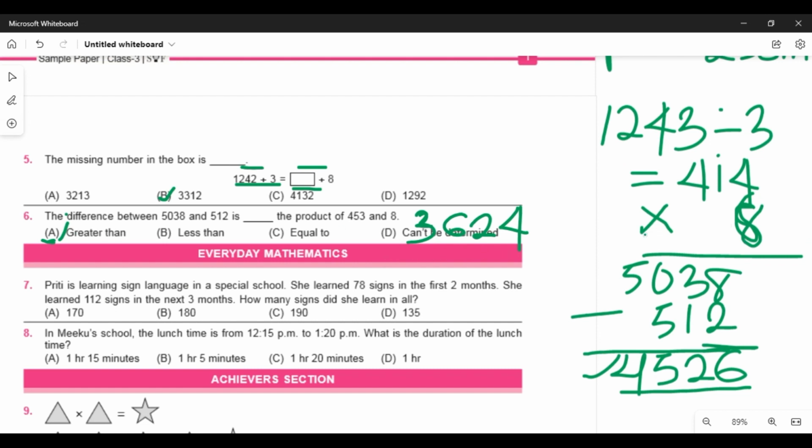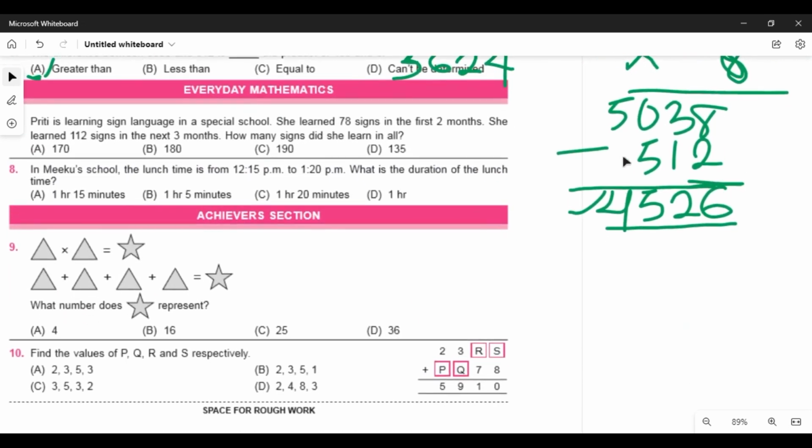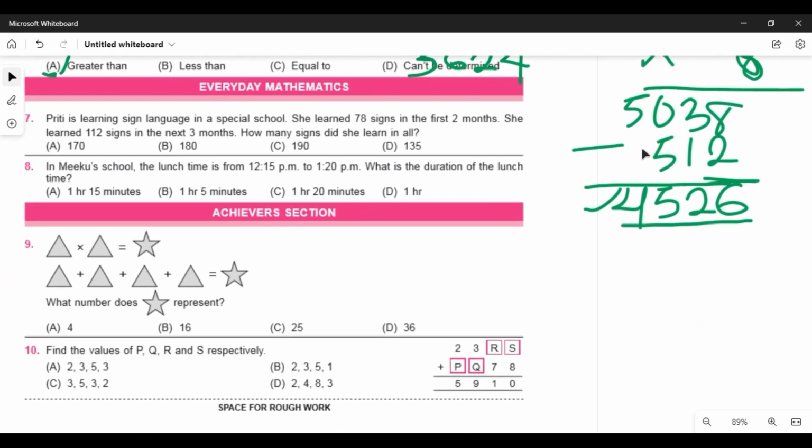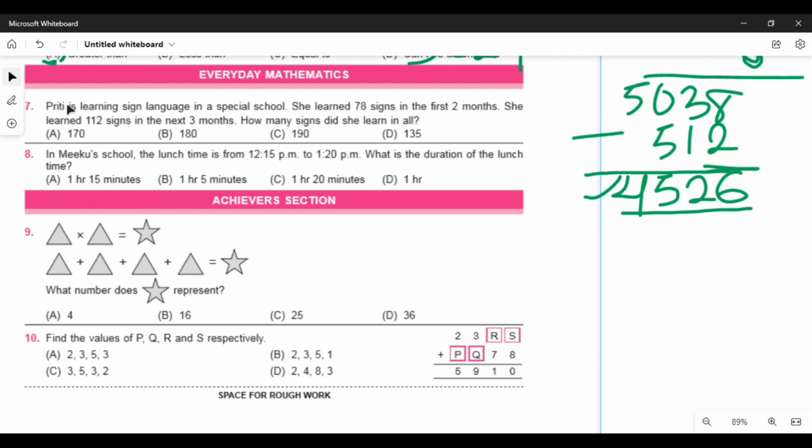Fine. So the next question we are given is question number 7. In question number 7, we are told that Pretty is learning sign language in a special school. She learned 78 signs in the first 2 months. She learned 112 signs in the next 3 months. How many signs did she learn in all?